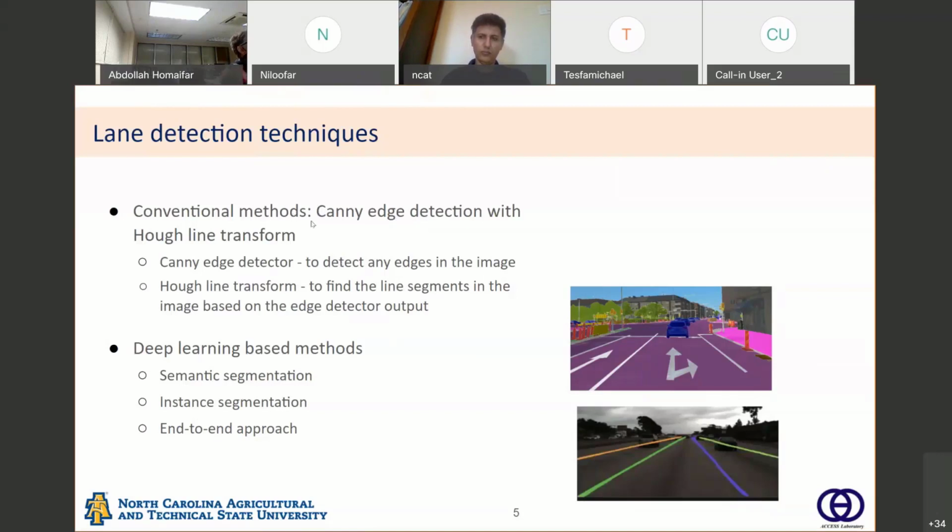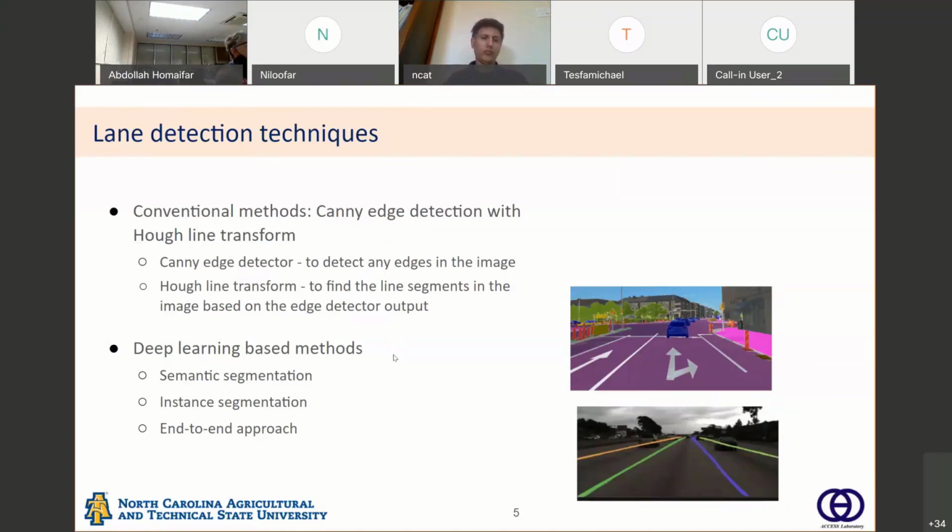And usually the most commonly used techniques rely on the Canny edge detector together with a Hough line transform. The Canny edge detector is a very famous edge detector. It's a very good detector. Basically it finds the edges in the image, and the Hough line transform is a way to find line segments in that image.